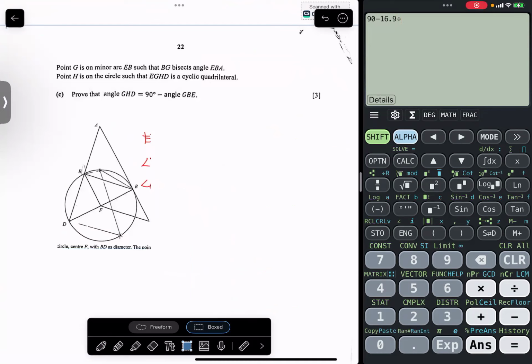Okay. Point G is on a minor arc EB such that BG bisects angle EBA. H is on a circle such that EGHD is a cyclic chord.